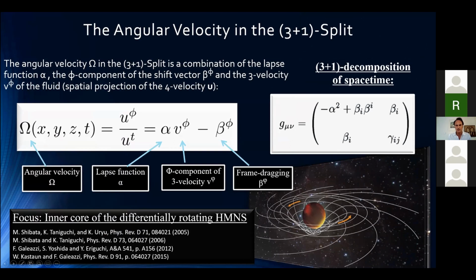It depends on this alpha. The main part is the phi component of the velocity of the cells, but we need to subtract some kind of frame dragging because of the rotation. The whole space-time rotates with the star.